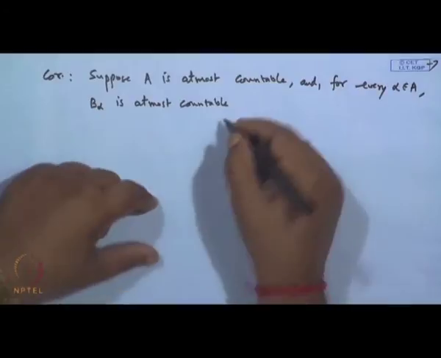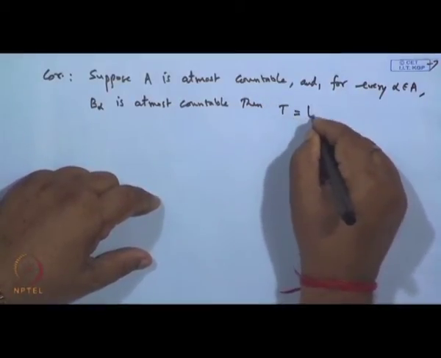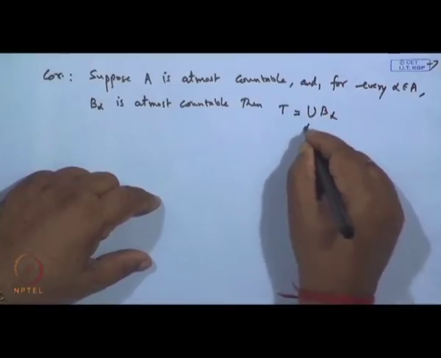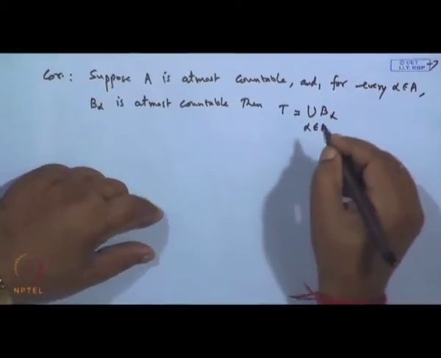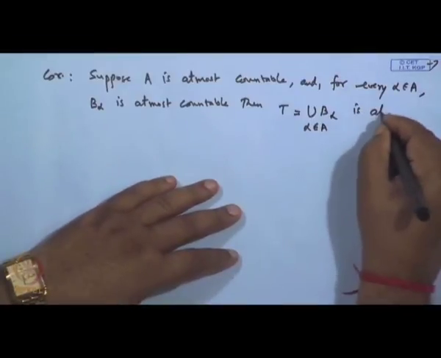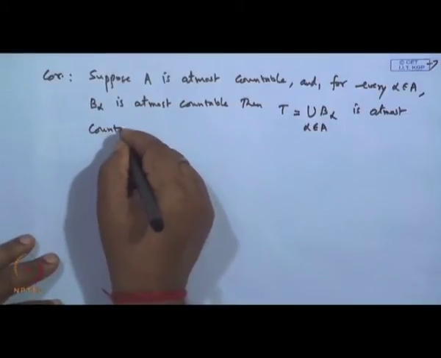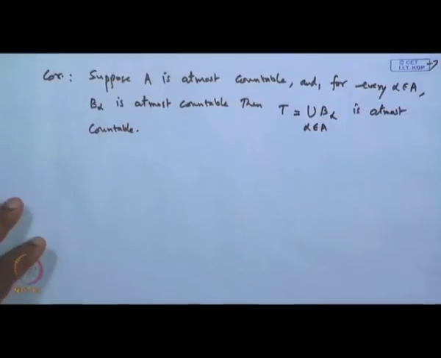Then T, which is the countable union of B alpha when alpha belongs to A, is at most countable. At most countable means either it will be finite or infinitely countable.